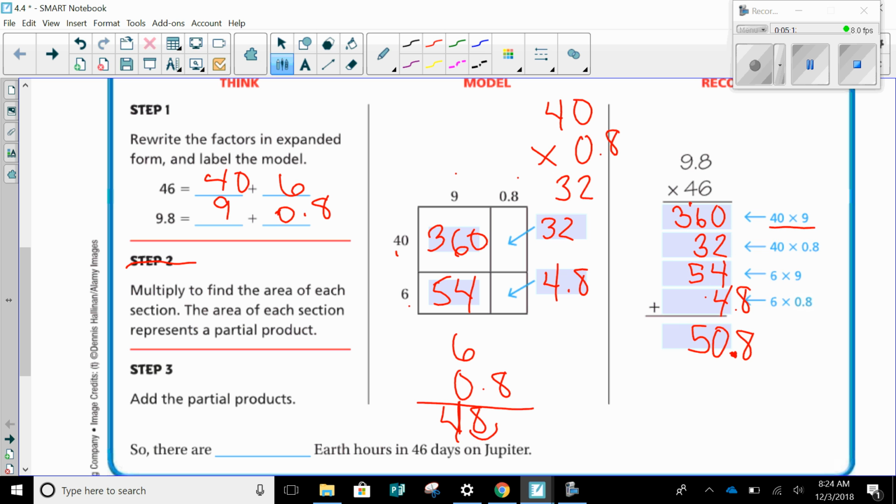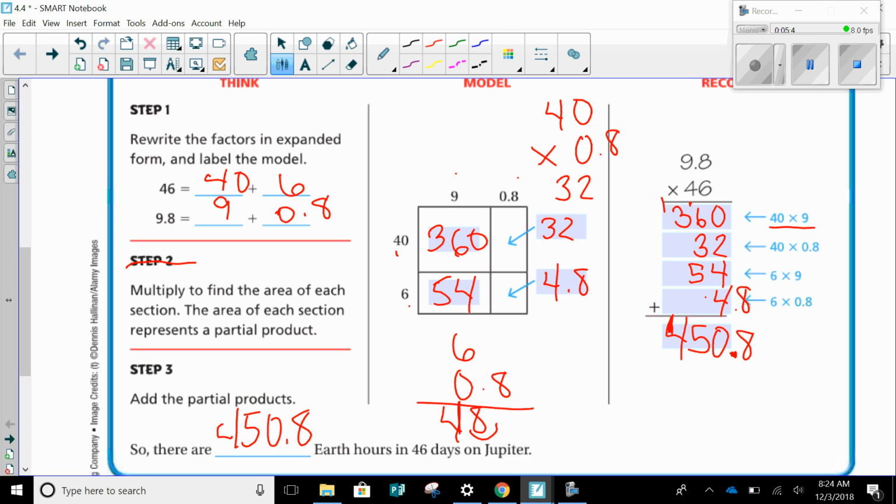Bring down my 5. And then I'm going to carry my 1. So that's a 4. 450 and 8/10. So there are 450 and 8/10 Earth hours in 46 Jupiter days.